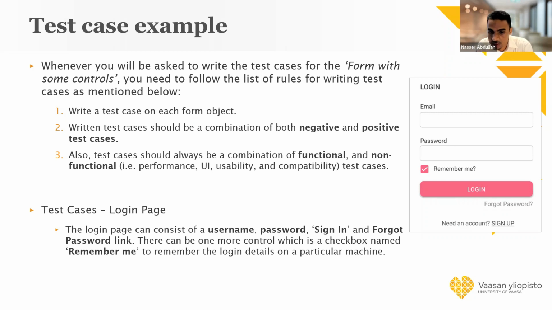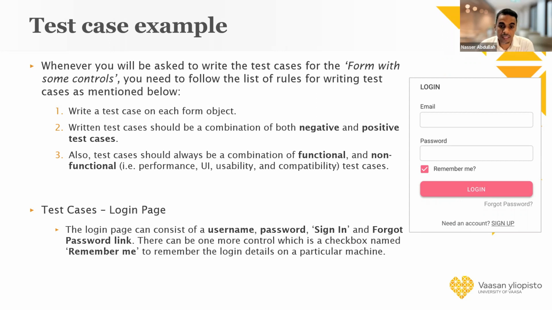So we can consider all of them as testable features. The email text box, where you key in the email, can be a testable feature. You need to verify its functionalities and the characters that need to be keyed in there.